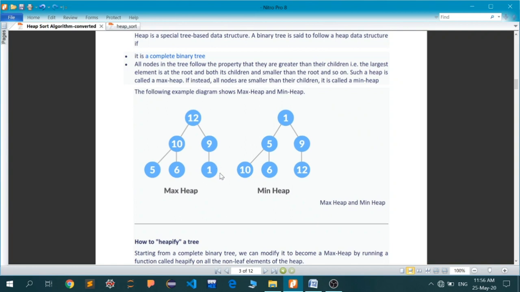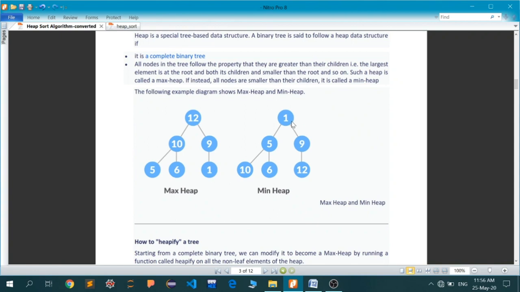As you move from the leaf nodes to the root node, you will find values greater than the children. And the inverted one will be the minimum heap, where the parent node must always be less than its children.